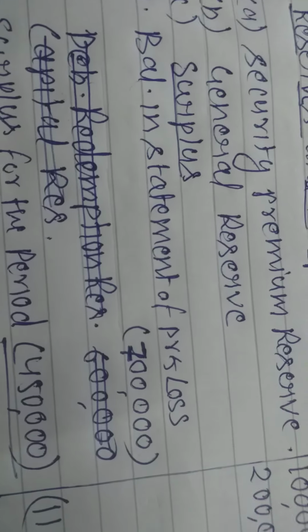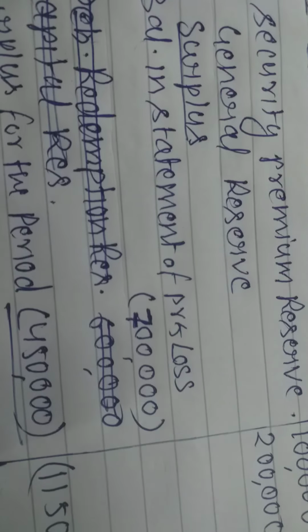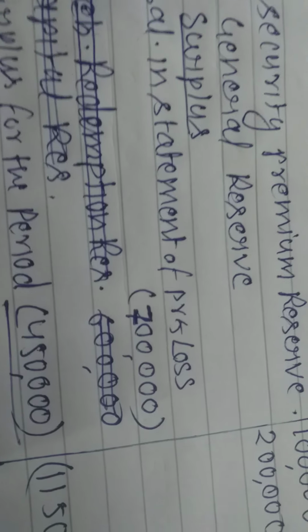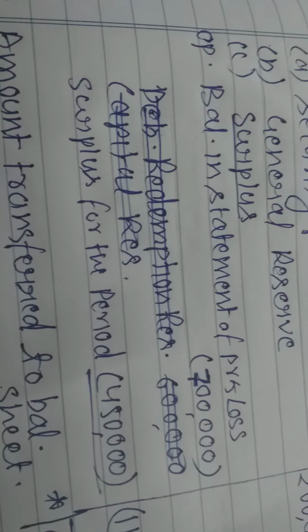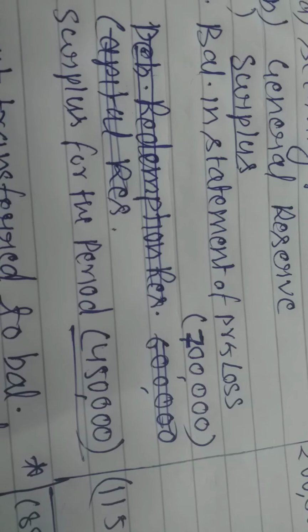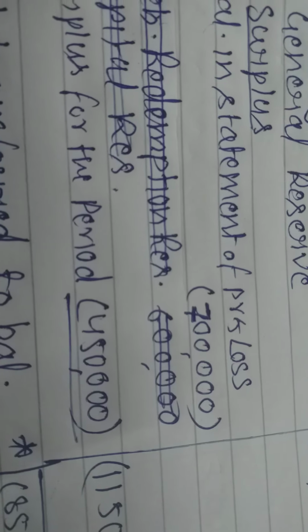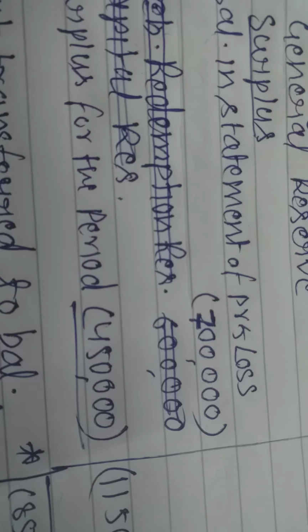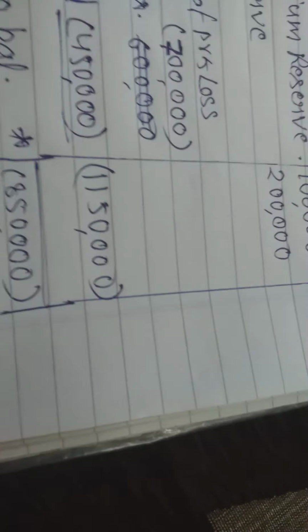Surplus: opening balance of statement of profit and loss, negative 7 lakh. And surplus for the period, again it is negative, that means loss. So total surplus is 7 lakh plus 4 lakh 50,000, which gives a negative balance of 11 lakh 50,000.